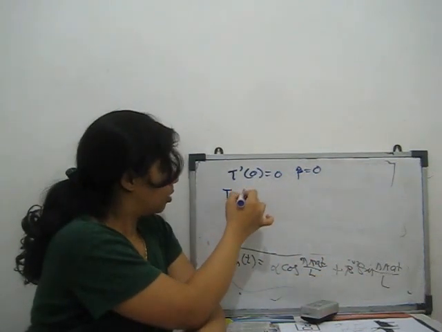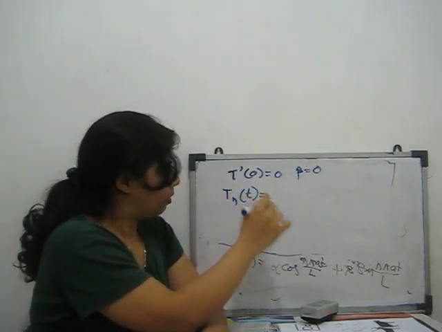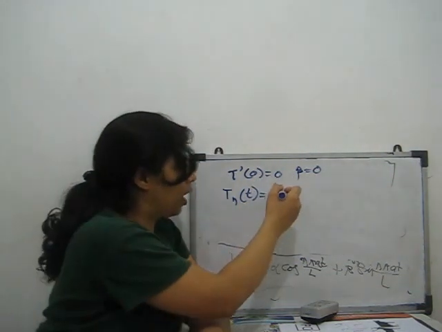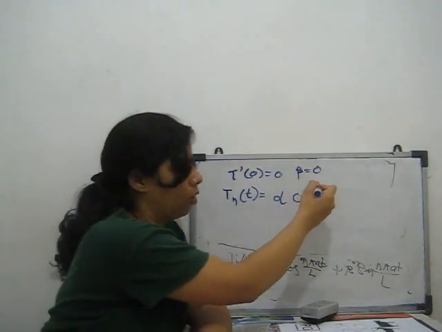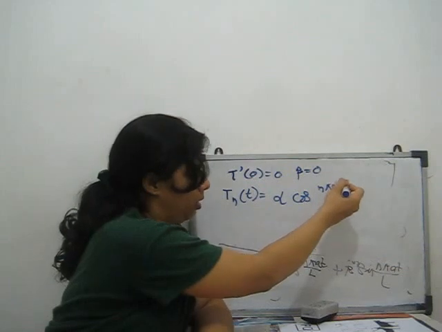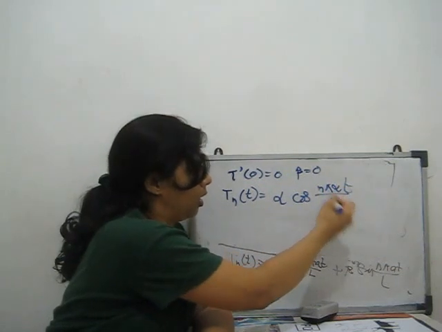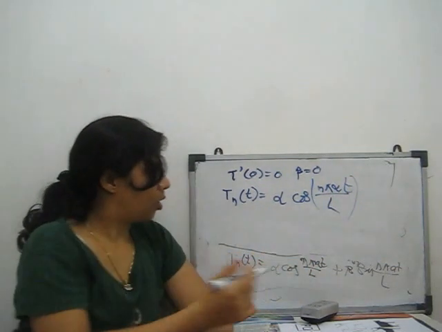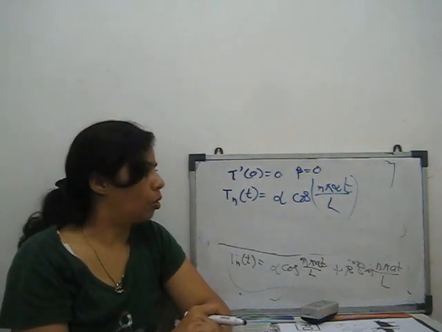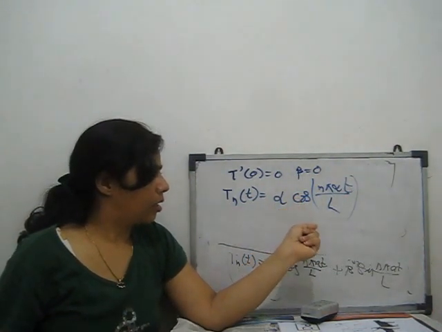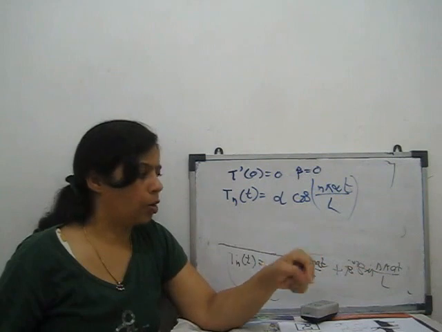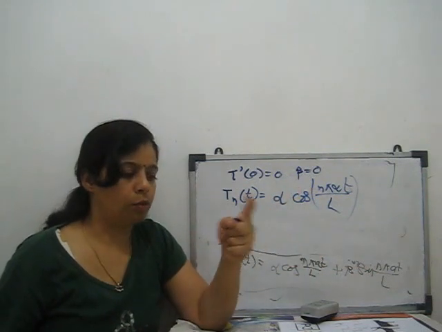Next we have Tn of t equal to alpha cos of n pi a t by L, because the higher order derivative gives 0. So next sine, then cos, then sine, then cos, for n equal to 1, 2, 3, 4, 5, 6.